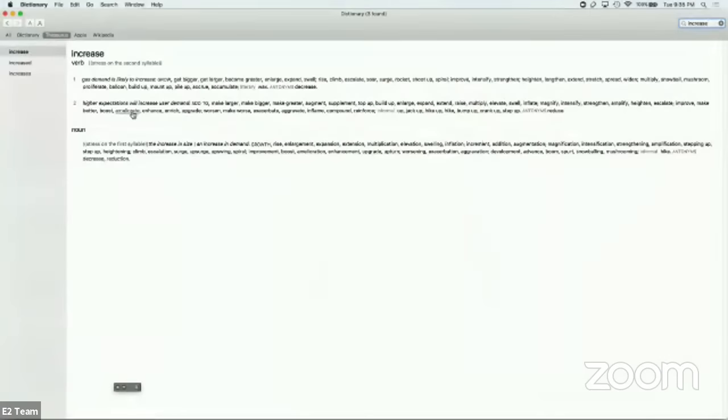I wish I could make this bigger, but I'm going to show you this anyway. This is my dictionary. So here's the thesaurus for increase: grow, get bigger, get larger, become greater, enlarge, expand, swell, rise, climb, escalate, soar, surge, rocket, shoot up, spiral, improve, intensify.